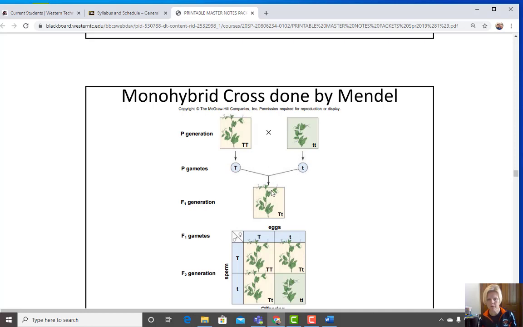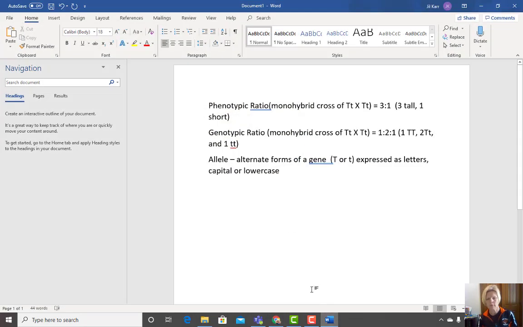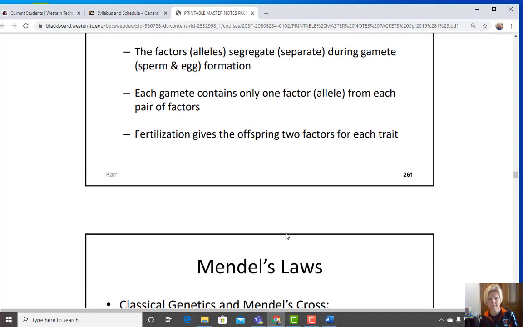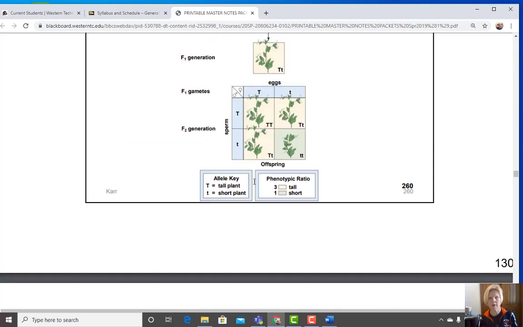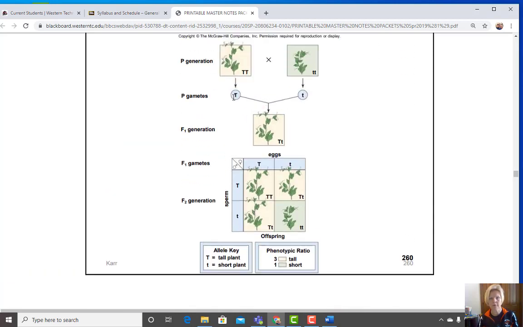Each gamete contains one factor, and fertilization gives the offspring two factors. When big T and little t gametes came together by fertilization, the offspring now has two alleles for the trait, and whichever one is dominant is what is expressed. These three each inherited the big T, so they were all tall plants. This one only had little t, so it was a short plant.